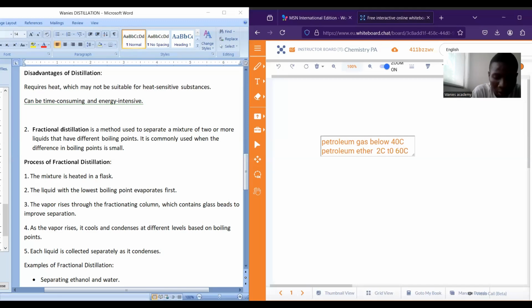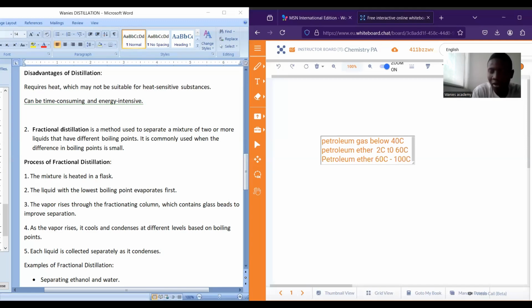We also have petroleum ether, between 60 degrees Celsius to 100 degrees Celsius.